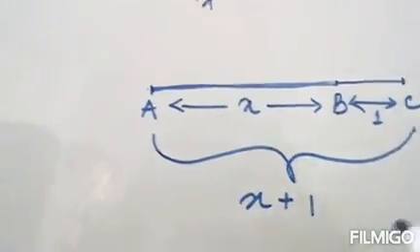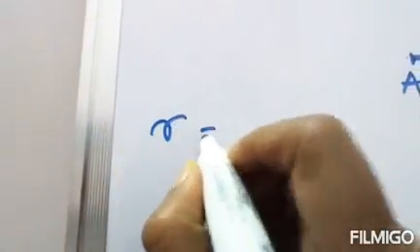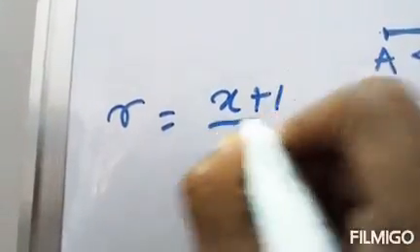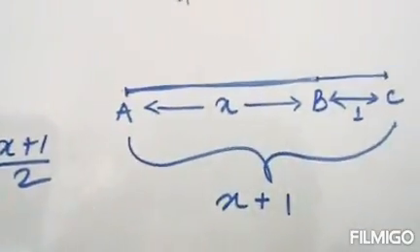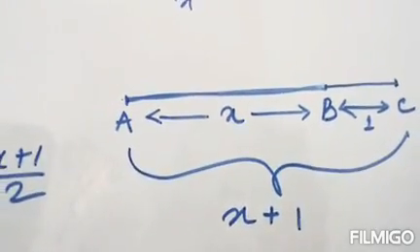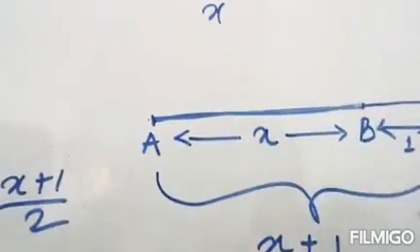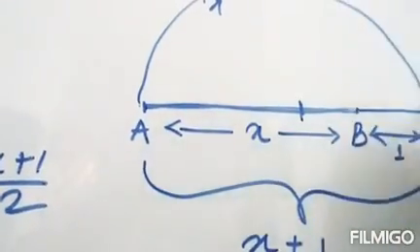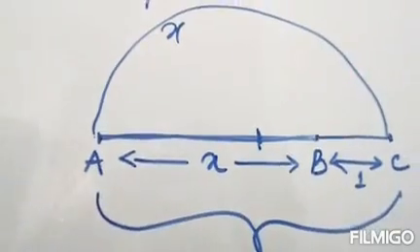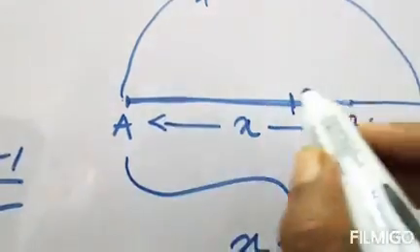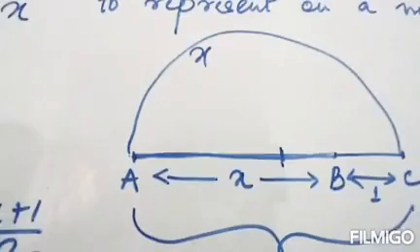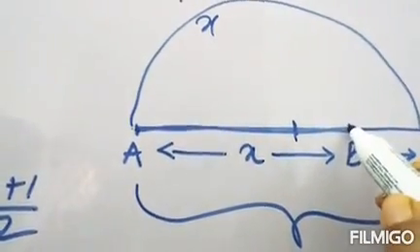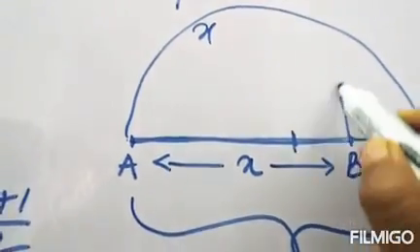Now taking x plus 1 as the diameter, what will be its radius? If we consider the radius as r, then r is (x plus 1) by 2. Using that radius we will draw one semicircle, and from the point B we will draw one perpendicular.